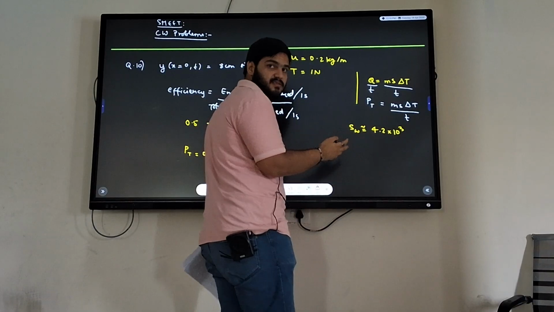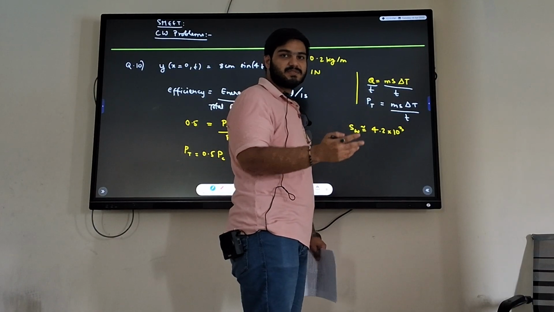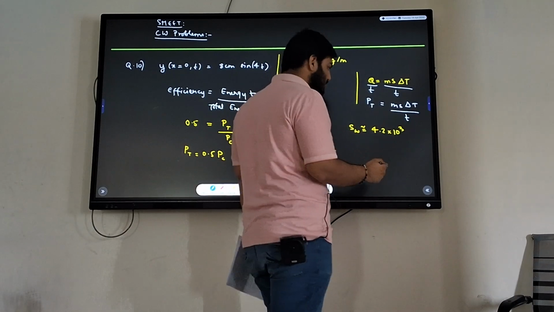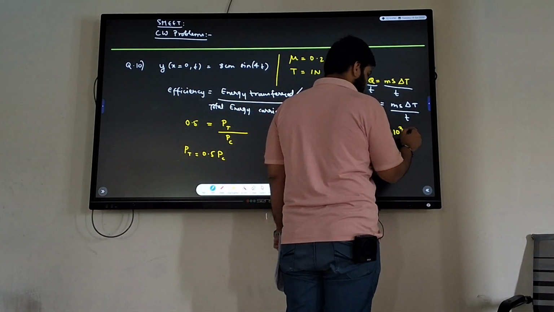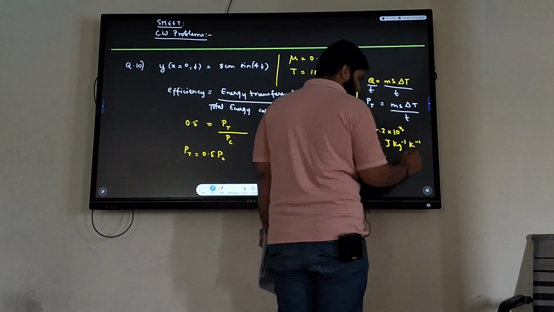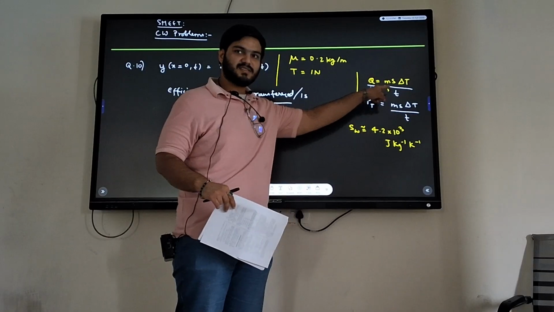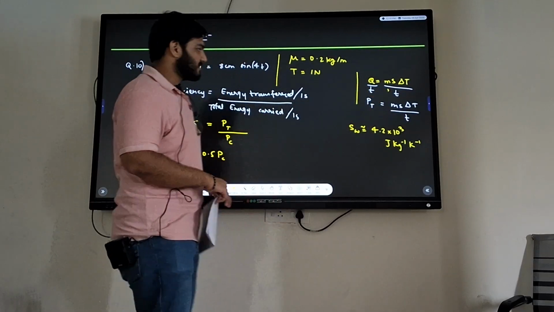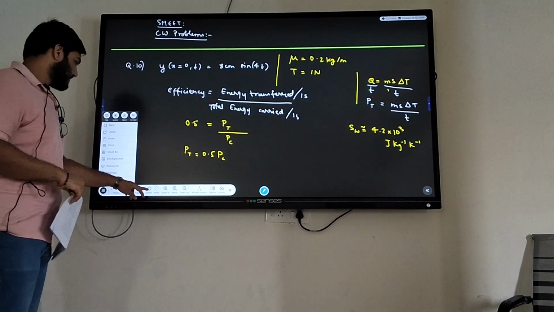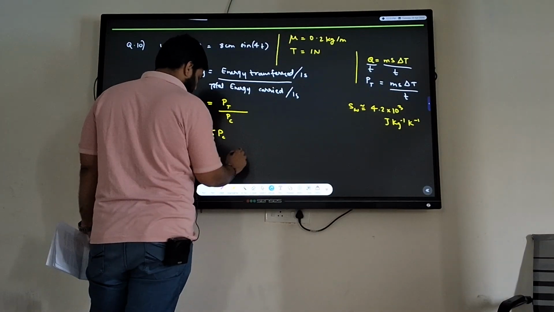You have studied thermodynamics in maybe two subjects. Joule per kilogram per Kelvin, that is joule, kilogram inverse, Kelvin inverse. Very good. Anyways, so now I know what is s of water.